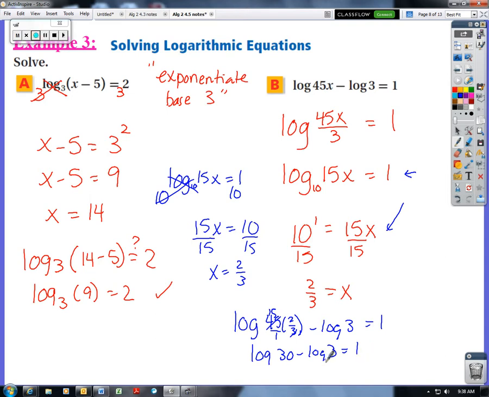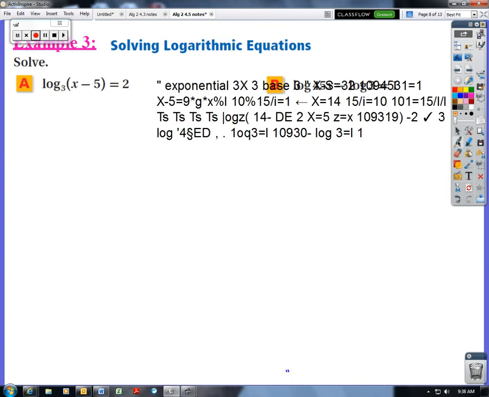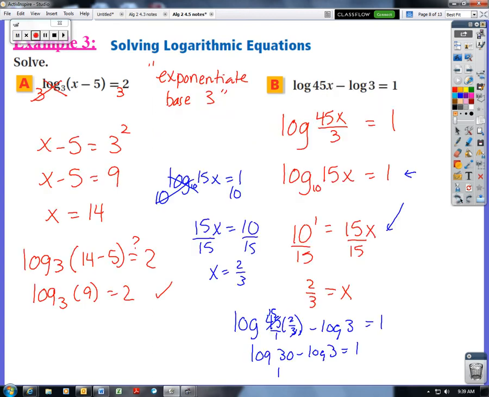Because we're subtracting, it's the same as log of 30 over 3 equals 1.